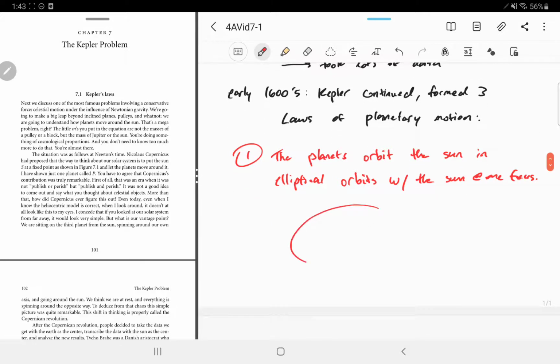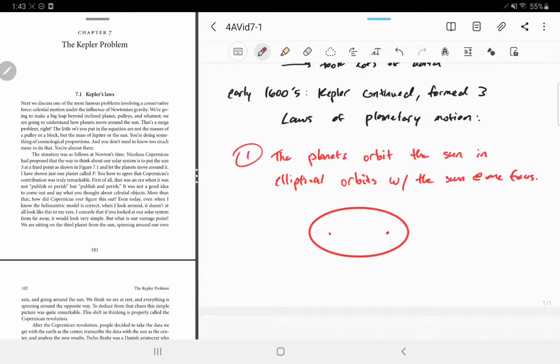Okay, so this is like an exaggerated oval. An ellipse is a particular shape where, for this one, the foci are pretty close to the edges. So this is an exaggerated version.